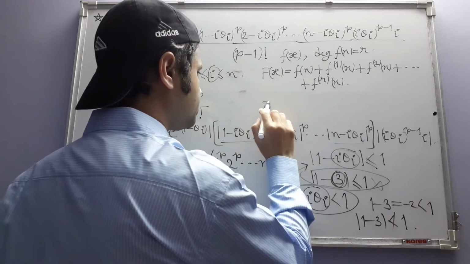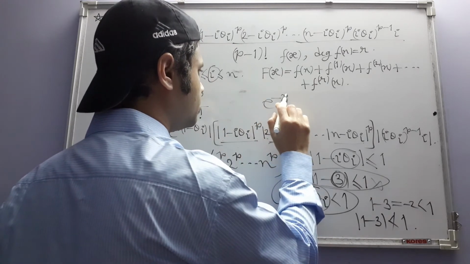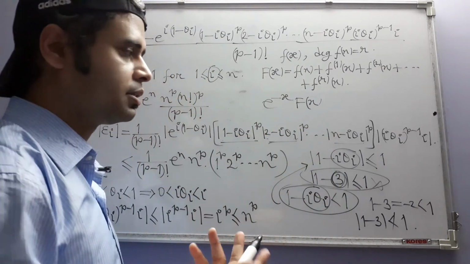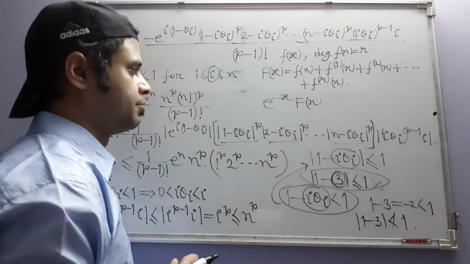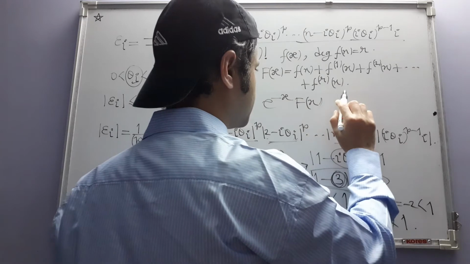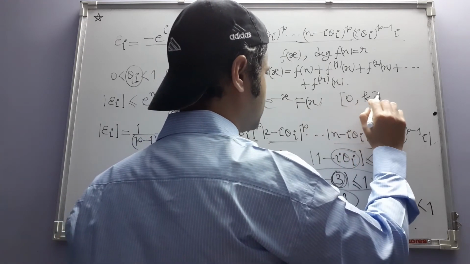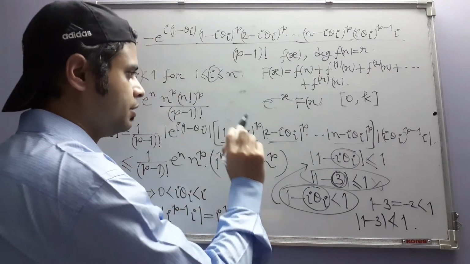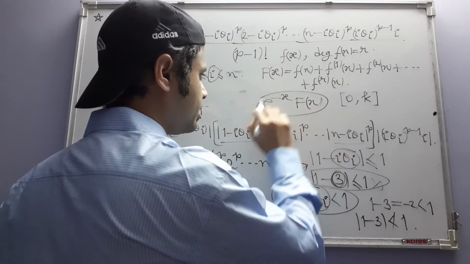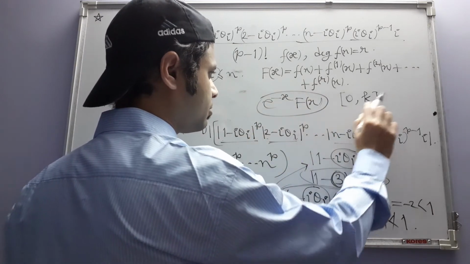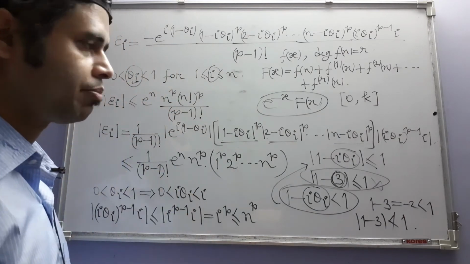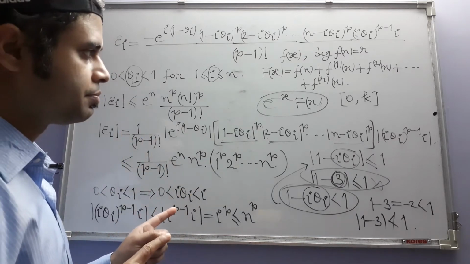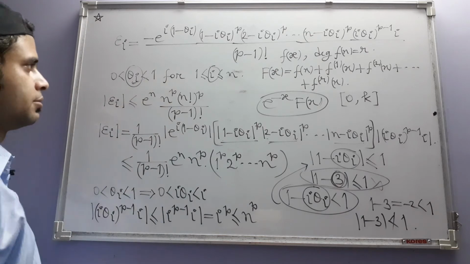Then, because this is differentiable, the product of capital F with the exponential function, which is known to be differentiable, is itself differentiable. And one can consider this product function on the closed interval 0, k, where k is any positive integer. Utilizing the differentiability of this function on this closed interval, we were able to apply the mean value theorem from calculus. In that mean value theorem, we obtained these theta i's.